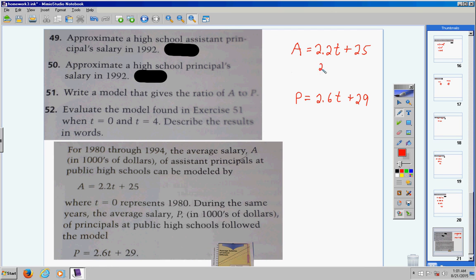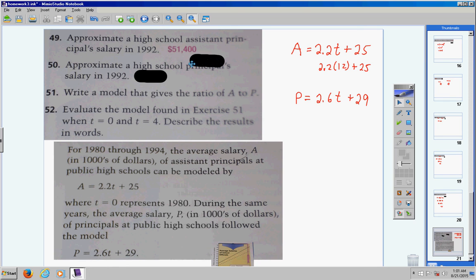So all that you have to do, students, is put a 12 right here for T and use your calculators. 2.2 times 12 plus 25. And if you do that correctly, you will get out 514. Okay, 514. But remember, it's in thousands, so it's going to be 51,400.